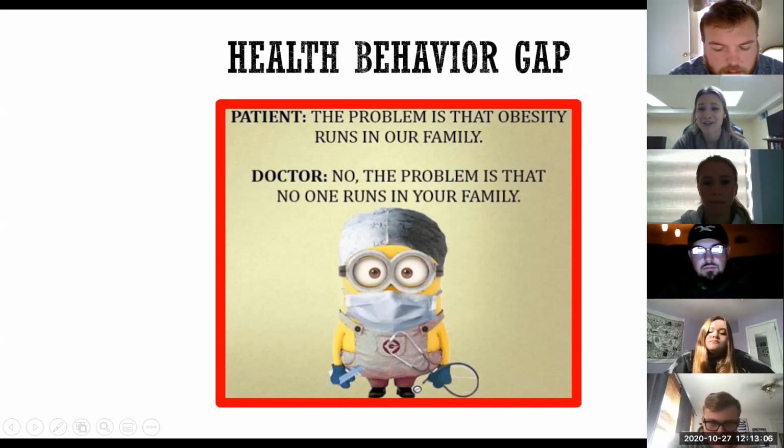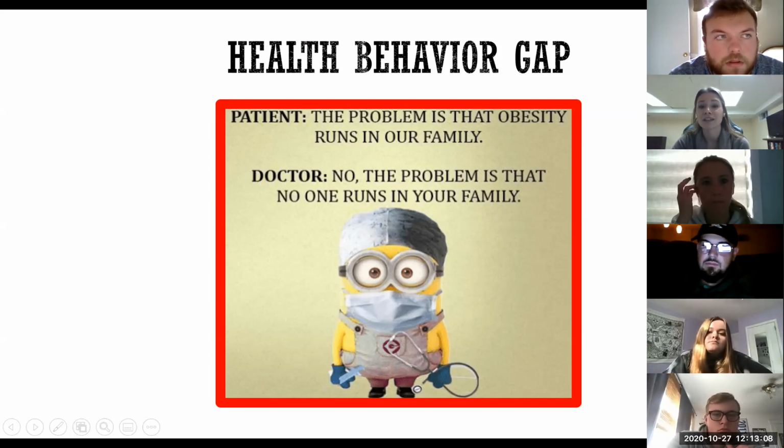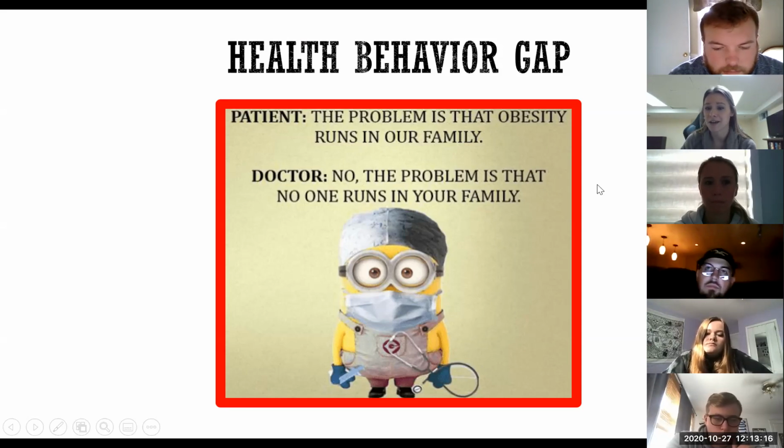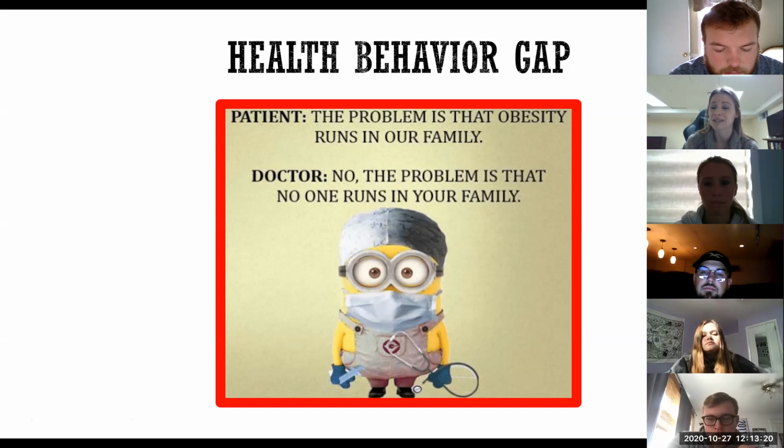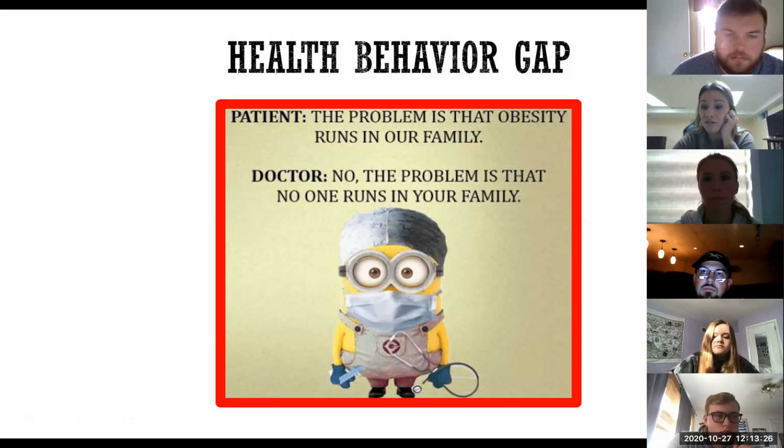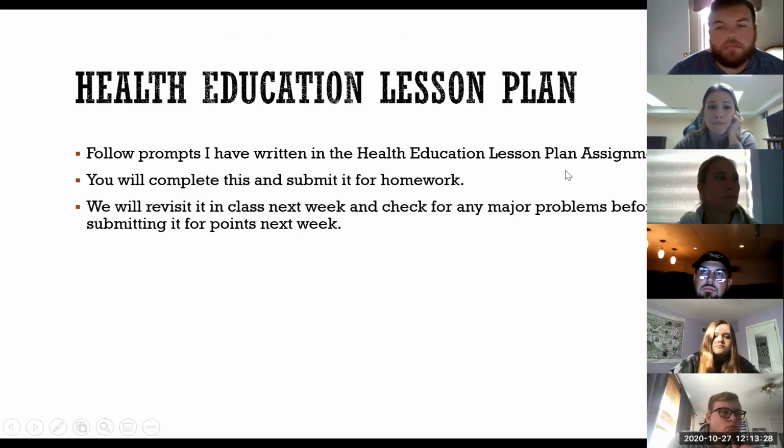So again, it's just targeting the knowledge of obesity, but the problem here is skill based. It's performance. You may know that running is important for obesity, but what we're looking at here is the skills and their performance, and that we can utilize that information in a healthy manner.